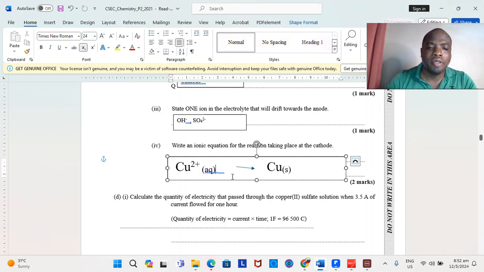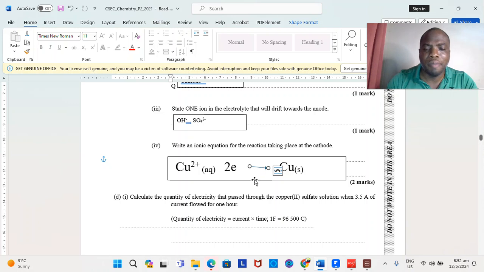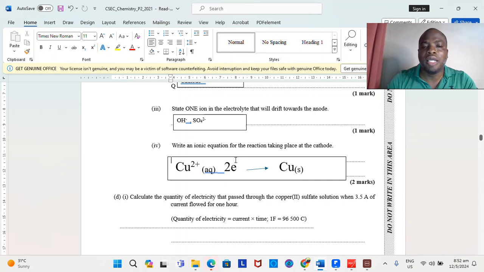Now, here, I use this concept: how many electrons? We know 2. And oftentimes students ask me, where do we put those electrons? Remember, you have a right hand side and a left hand side in terms of your reaction arrow. Now the electrons, if you are carrying out reduction, then we put the electrons on the left hand side.